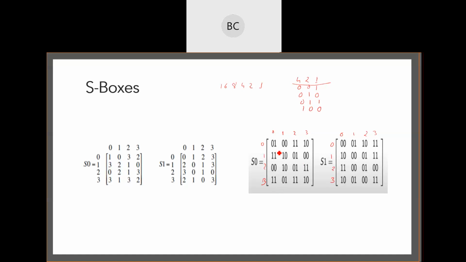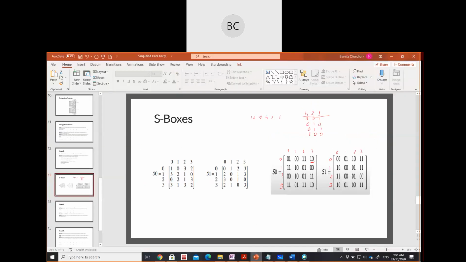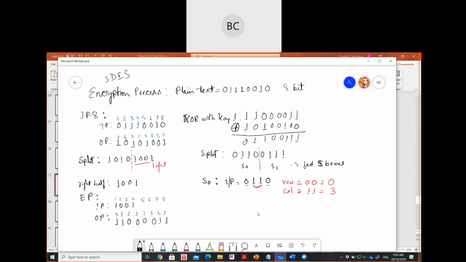Row 0 means we look into this row, and the column was 3. That is 1 0. So the output for S0 is 1 0.